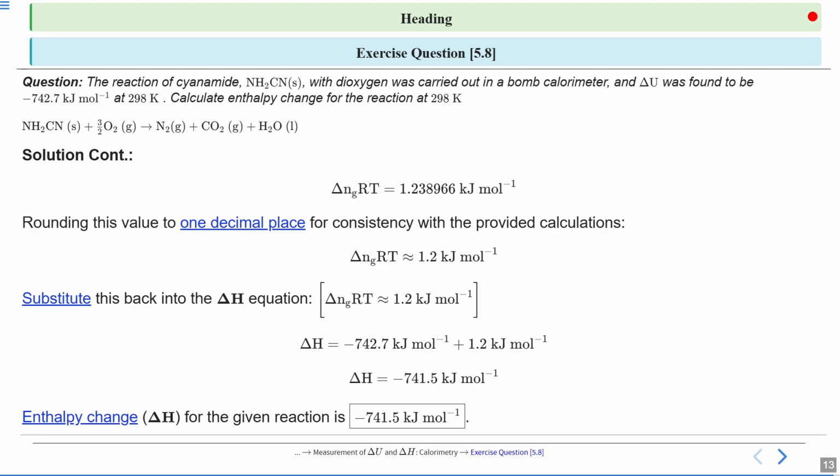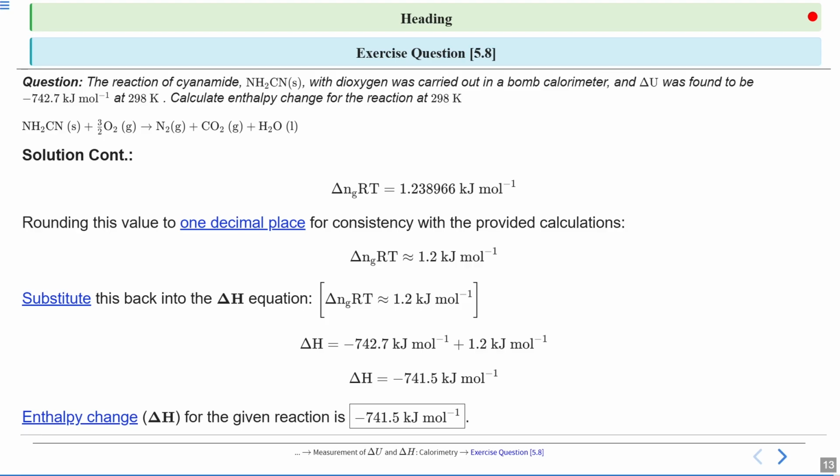Next, we moved on to the calorimeter, which is our today's discussion. In the second case, we keep the lid open, so the pressure experienced by the sample or by the whole calorimeter setup is the atmospheric pressure. If it is atmospheric pressure, then the heat exchange in this case occurs at constant pressure.